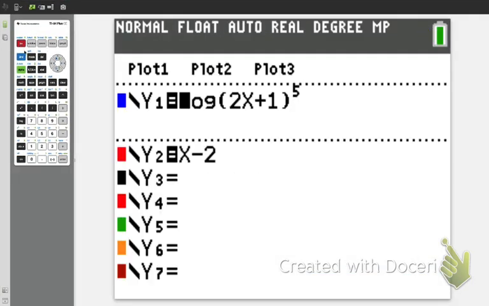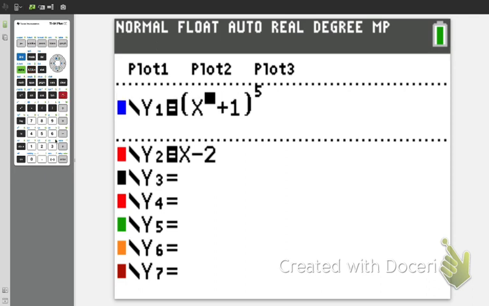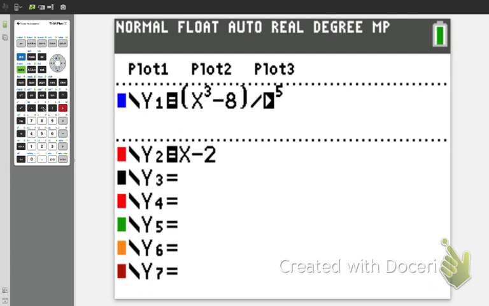So y equals, and you need to put the numerator and denominator into parentheses, as you will mess it up. Minus 8, right? Divided by x squared plus 1. Where is the x in there? Right next to alpha.